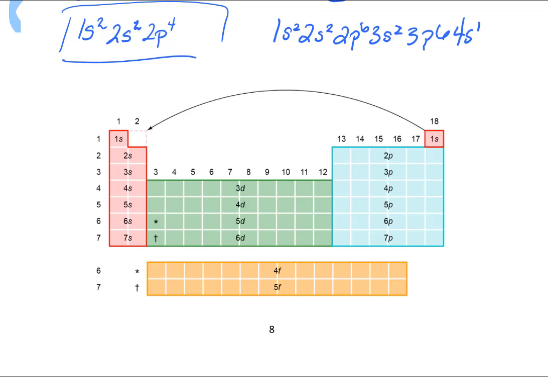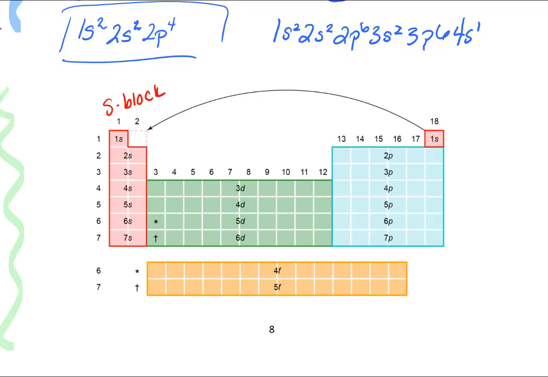So here is my picture of the periodic table, and I've changed it from what you normally see. We've taken it and broken it up into blocks. In red, we call this the S block, where notice helium is over in the S block.